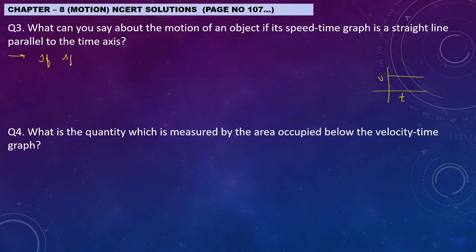The speed time graph is the same as what we call the velocity time graph.